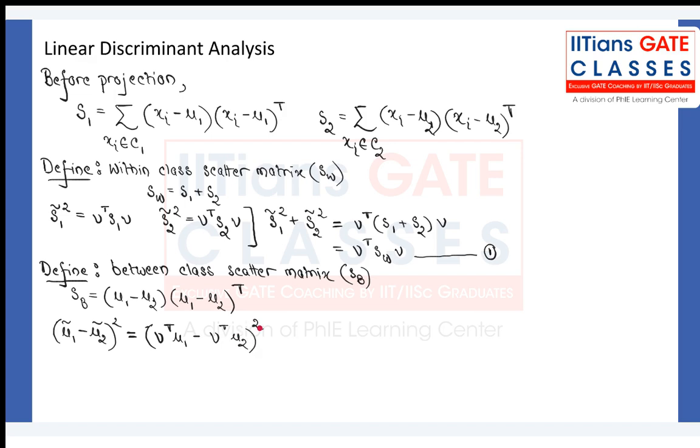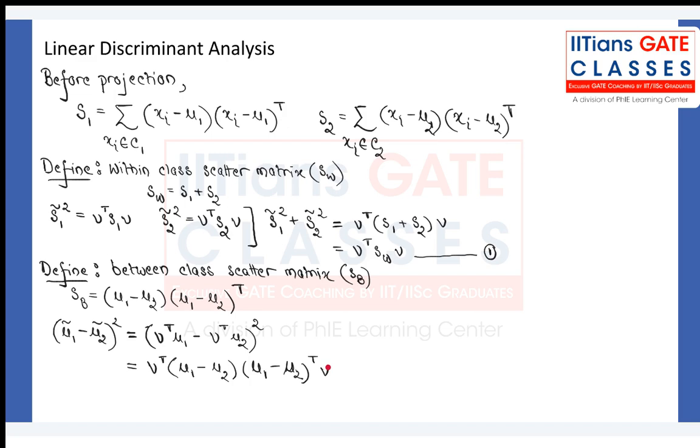And so I can write this as v transpose (U1 minus U2)(U1 minus U2) transpose v. Okay, and now what is this? We already defined it.